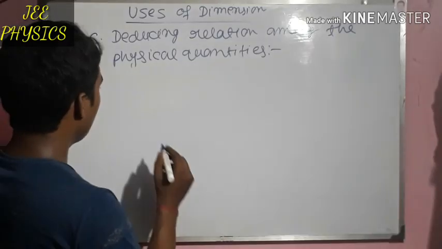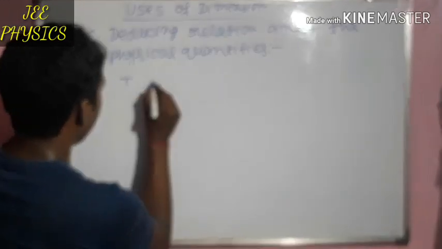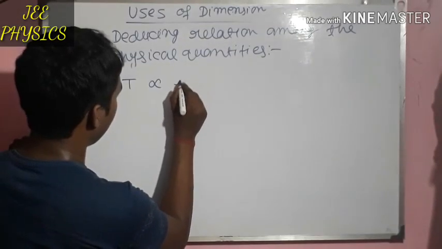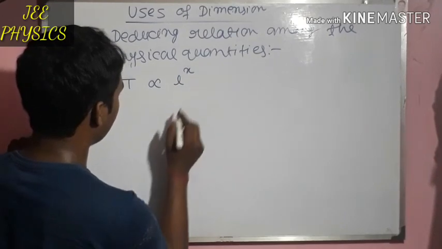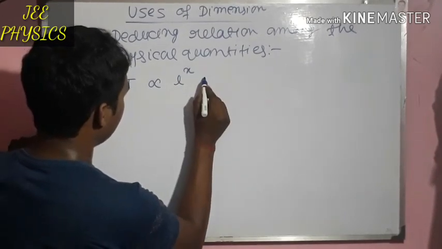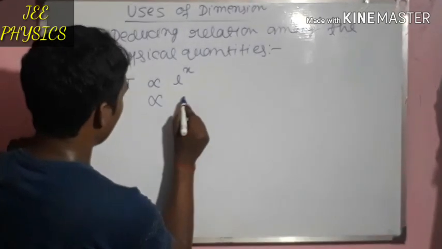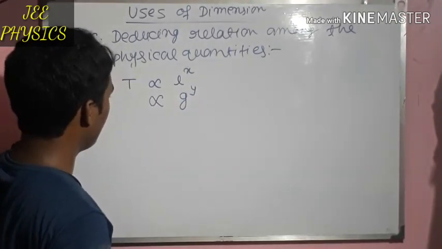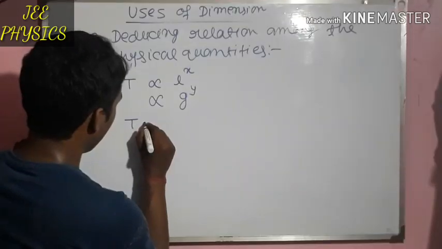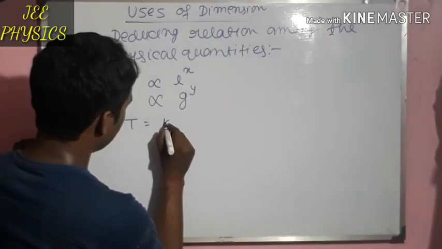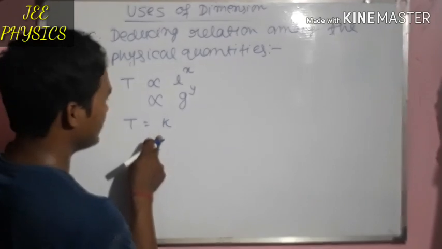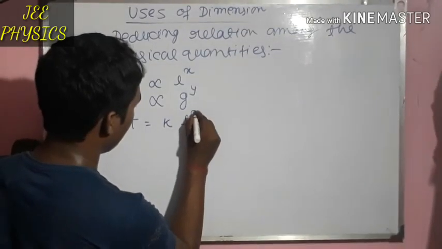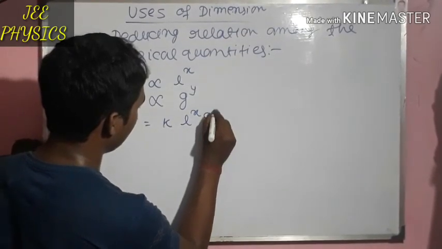As we don't know, let t be proportional to L to the power x, and it is also proportional to g to the power y. So t will be equal to some constant k, which has to be dimensionless, L to the power x and g to the power y.